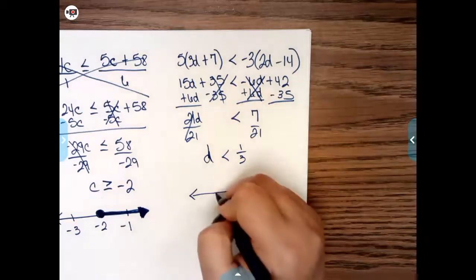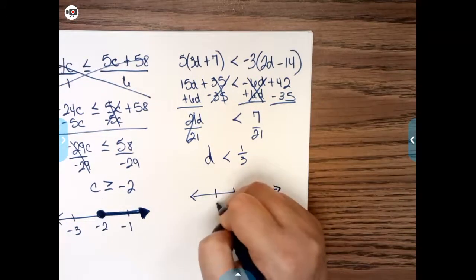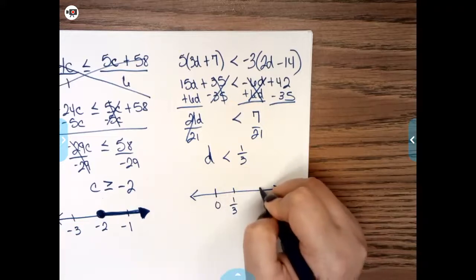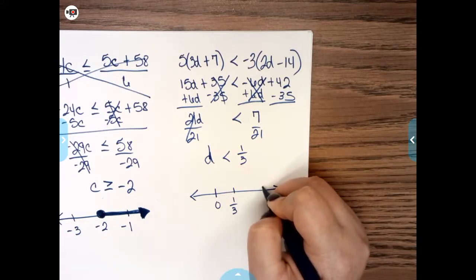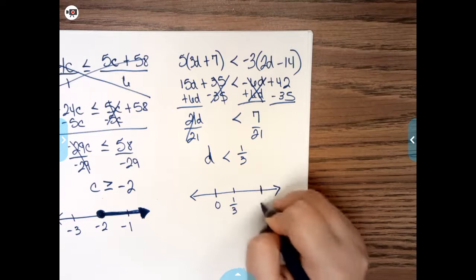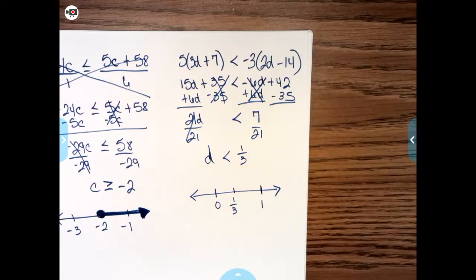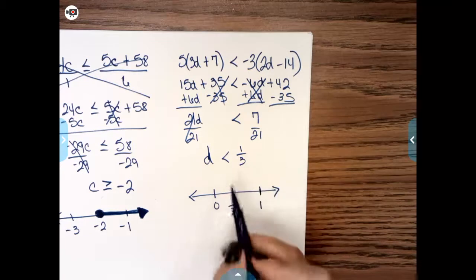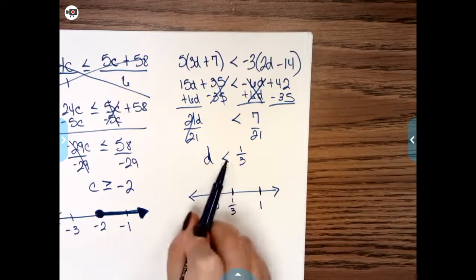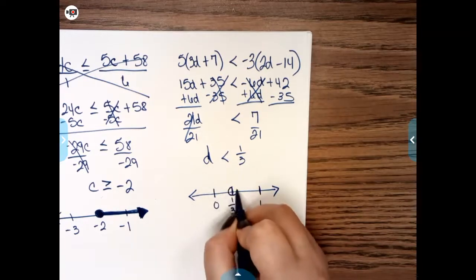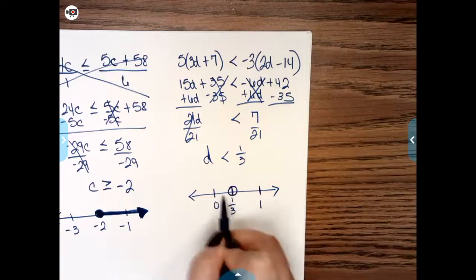So you know, 0 could be about right here, and it doesn't have to be perfect. And then 1, because it's not quite the half mark, you're going to go a little further this way for the 1. And that could be where 1/3 is. And now it's an open circle because it's just less than. And then it's everything less than.